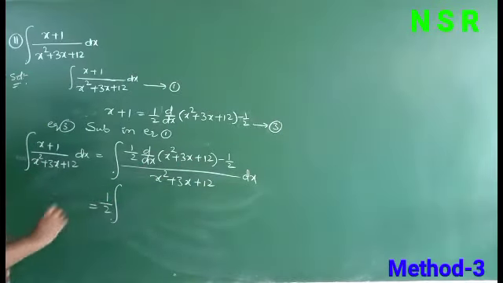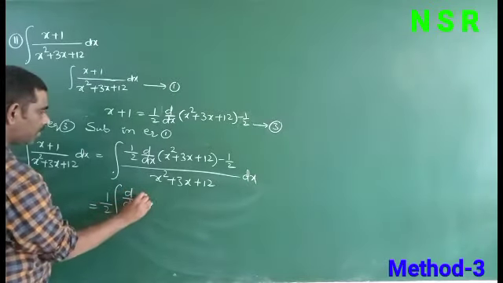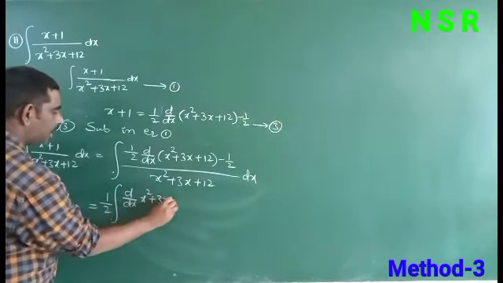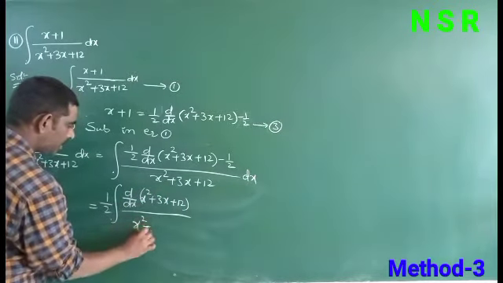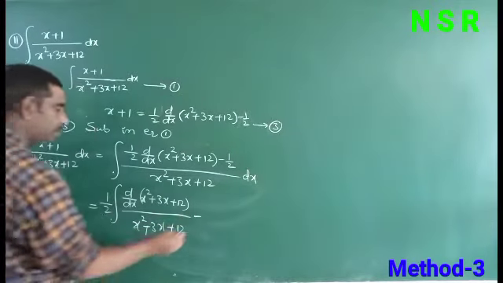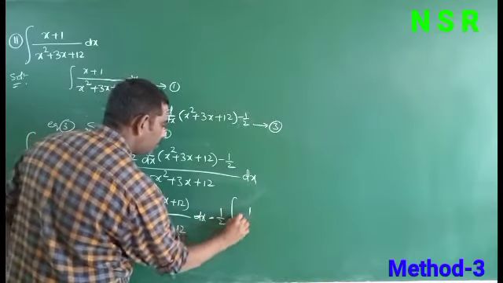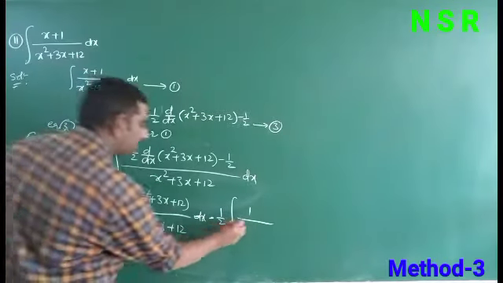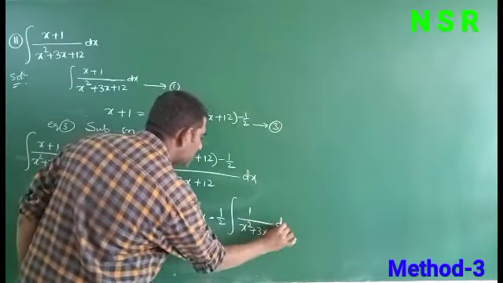So applying integration to both the terms, we get 1 by 2 into (d by dx of x square plus 3x plus 12) by (x square plus 3x plus 12) dx, minus 1 by 2 into 1 by (x square plus 3x plus 12) dx.